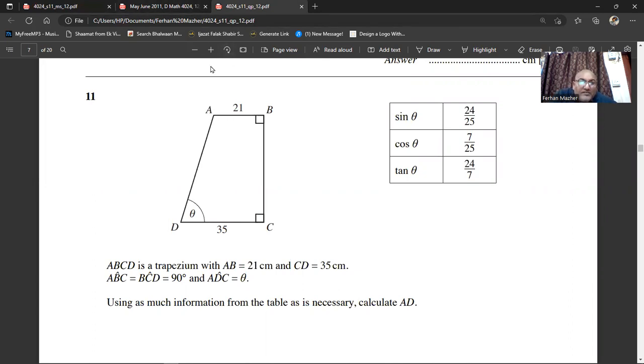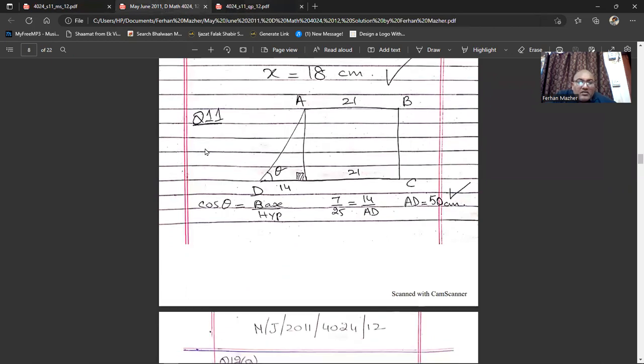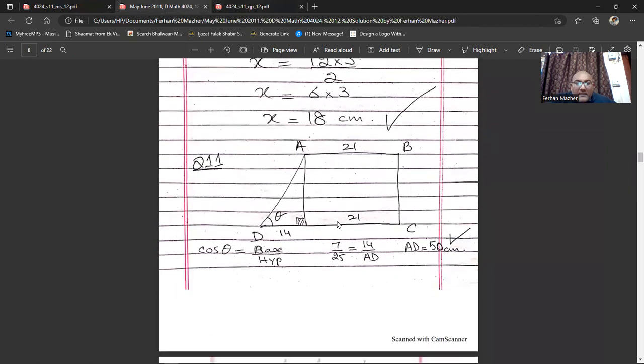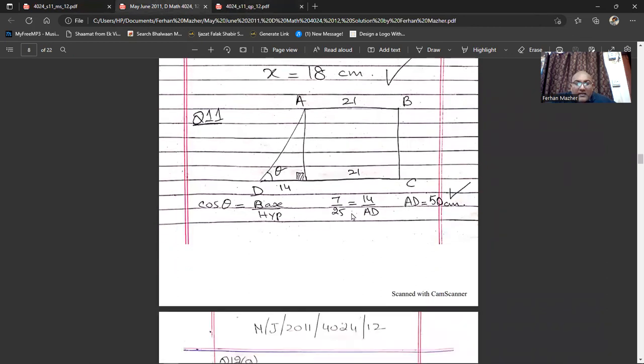This is the question. If this is 21 and this whole thing is 35, then this portion is 14.